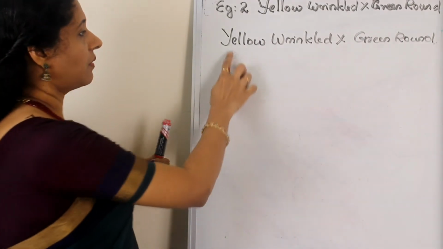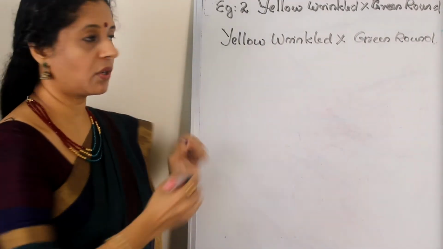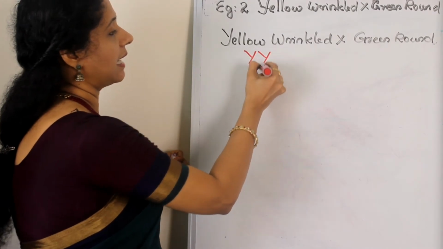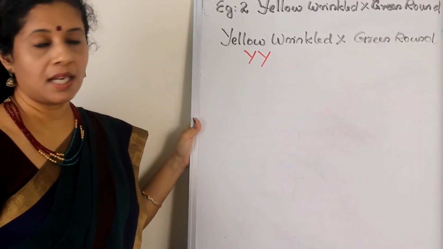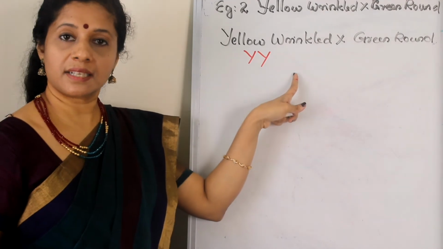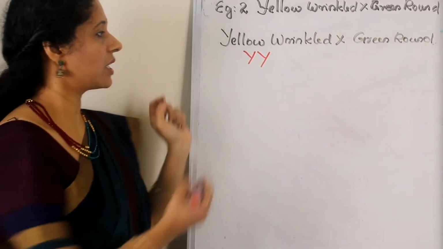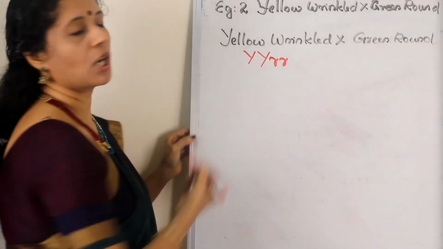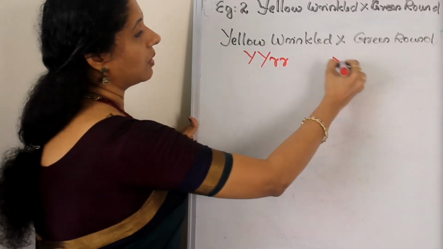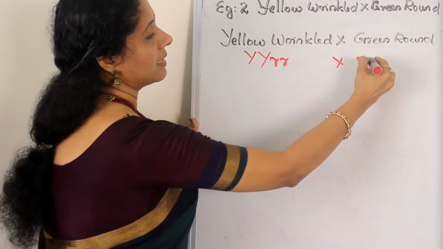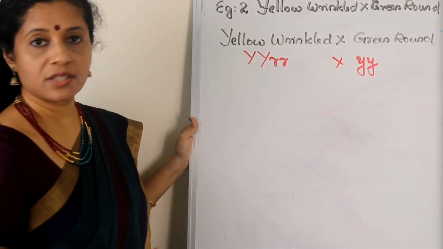Let us see. So when you are writing yellow, what are the alleles for yellow? Capital Y, dominant. Whereas wrinkled is a recessive one. What is the dominant trait? Round. So capital R. Its small r should come here. Small r, small r. Here what will come? Small y, small y. Round is dominant.